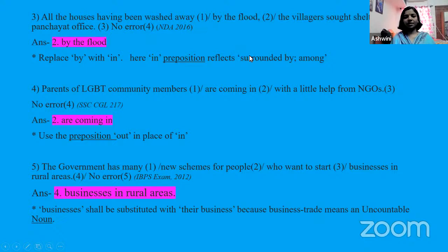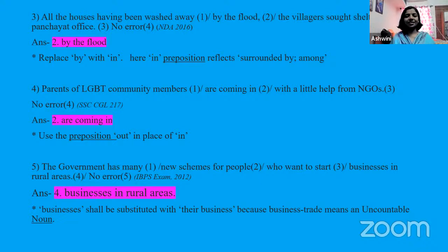So we can use "in" instead of "by". All the houses having been washed away in the flood is the correct answer. We cannot take a correct one, we have to find an incorrect one.